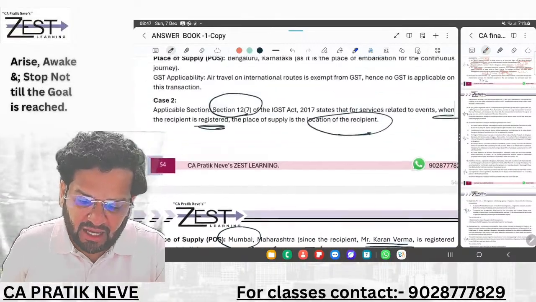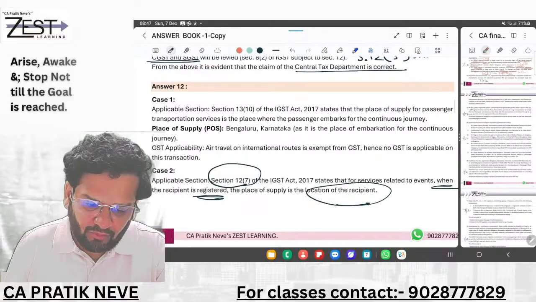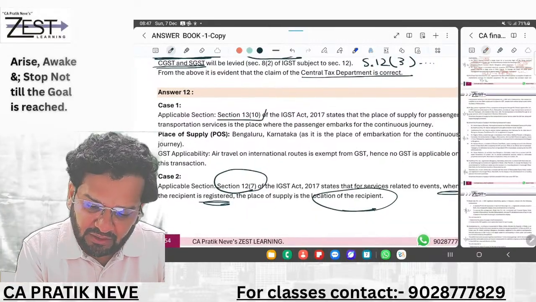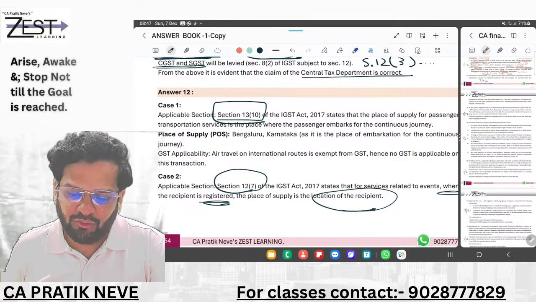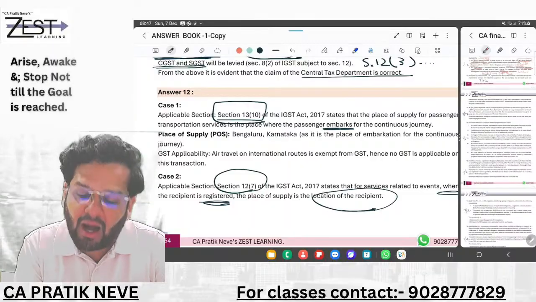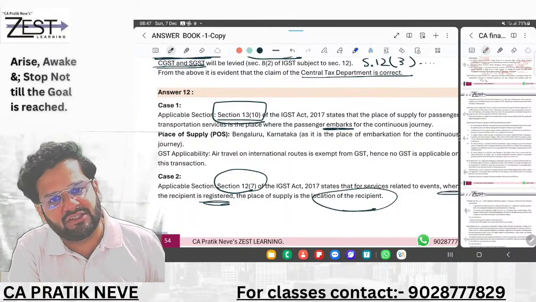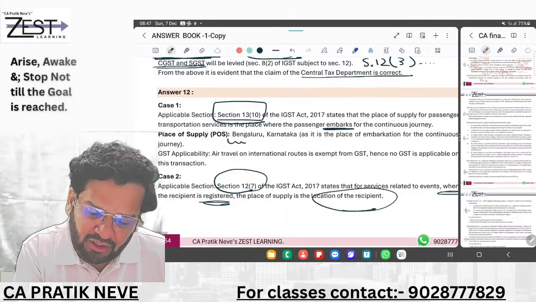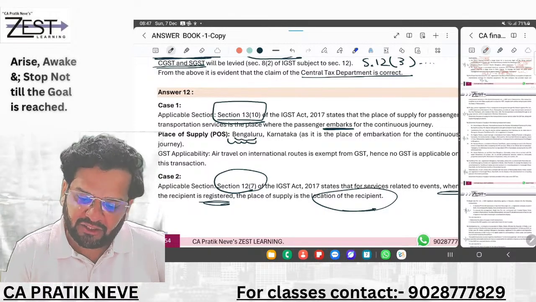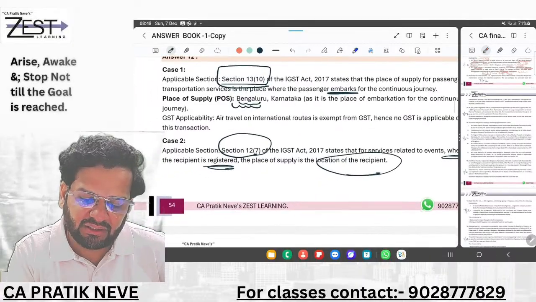Okay. Now go back to the first one. For the first one, 13.10 applied, as I told you. 13.10: the place of supply is where the passenger embarks on the conveyance for a continuous journey, and he was embarking on the continuous journey at Bangalore. So place of supply will be Bangalore, Karnataka.